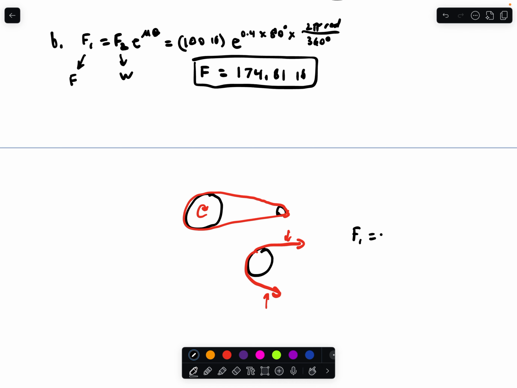So for your F1 and F2, your F2, which is resisting impending motion, that's going to be your tension, for a spinning belt system. But yeah, I hope this helps.